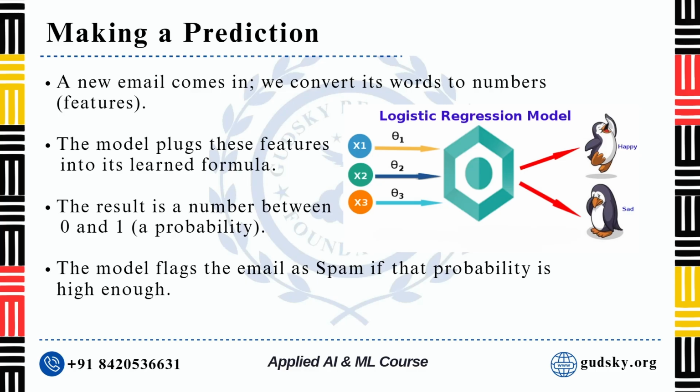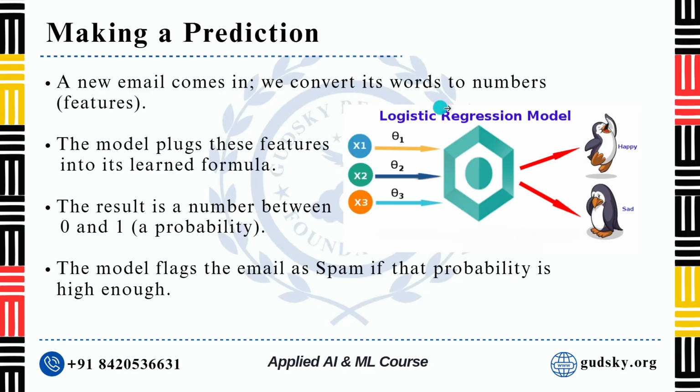If the result is, say, 0.95, the model says that's a 95% chance of being spam and instantly sends it to your junk folder. This is the core of how every modern email client protects you.